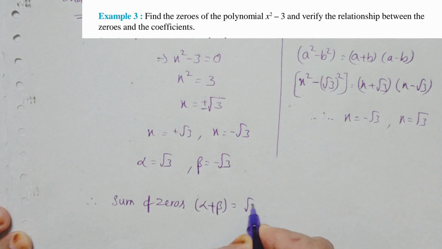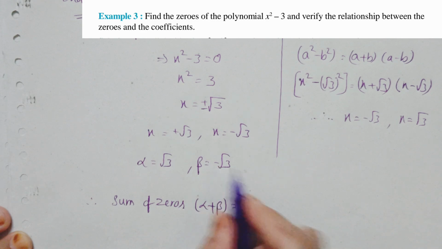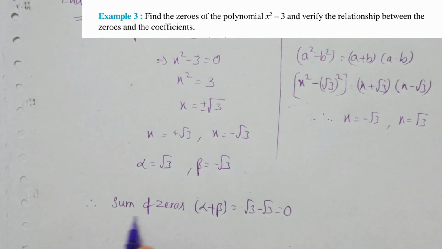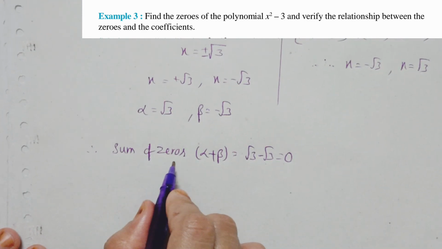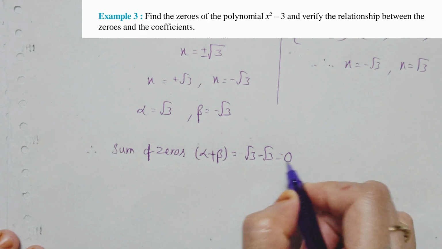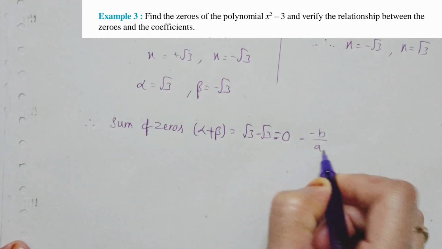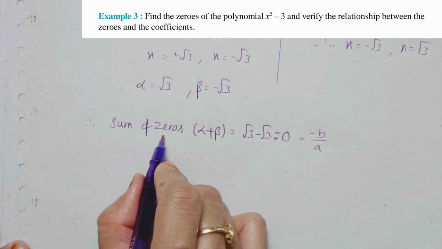So here plus root 3 and here minus root 3, which is 0. But I have told you the formula for sum of zeros. Sum of zeros means minus b by a. So minus b by a, I have told you the formula for this sum of zeros.